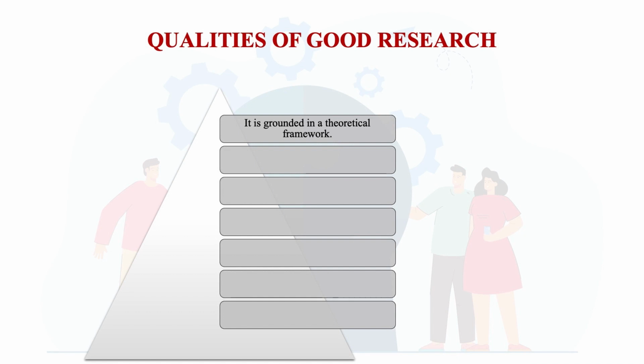Qualities of good research also include being grounded in a theoretical framework. It is built on, but also offers something new to, previous research. If we just keep repeating the same thing, it will not have any value, because real good research is based on finding something new.